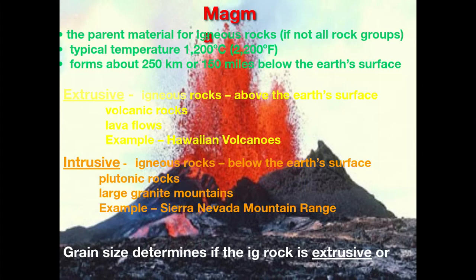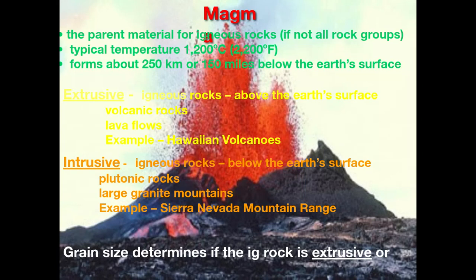Okay, so again, going back to how can you tell the difference between an intrusive igneous rock versus an extrusive igneous rock? In this class, you will learn the basics behind identifying basic characteristics of rocks.